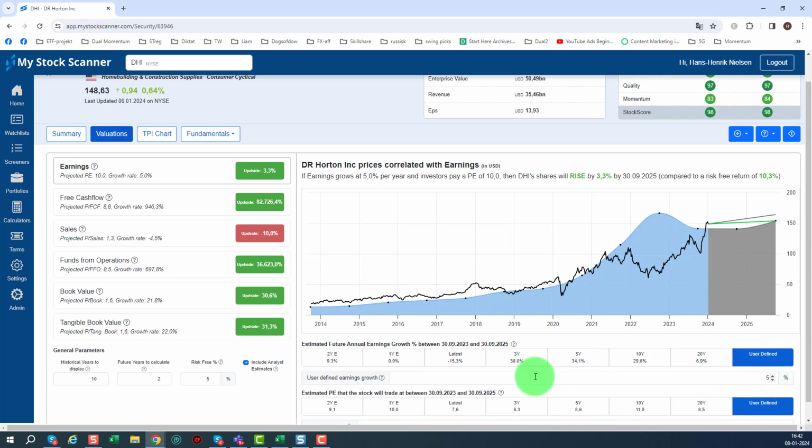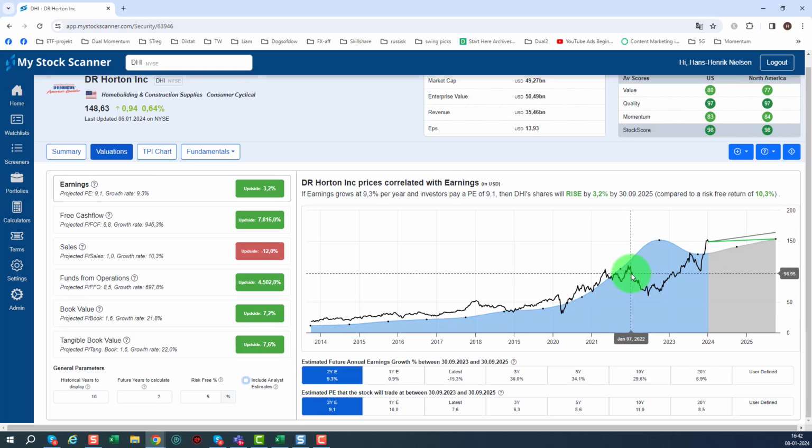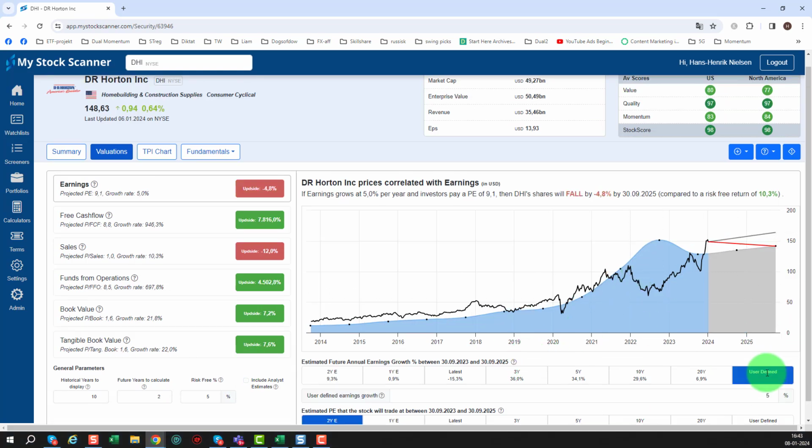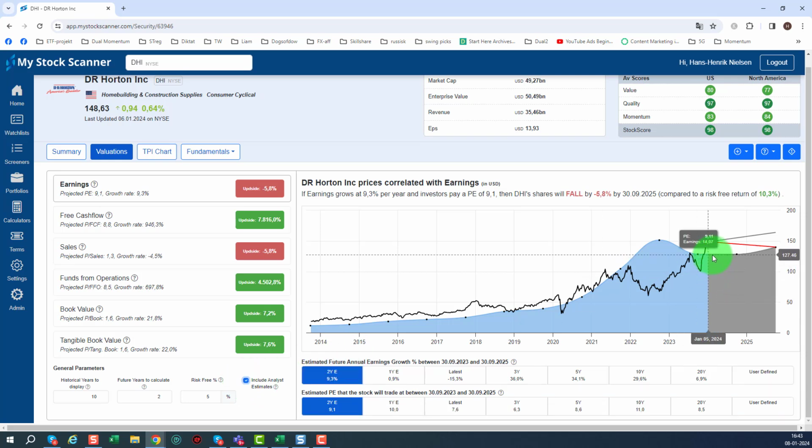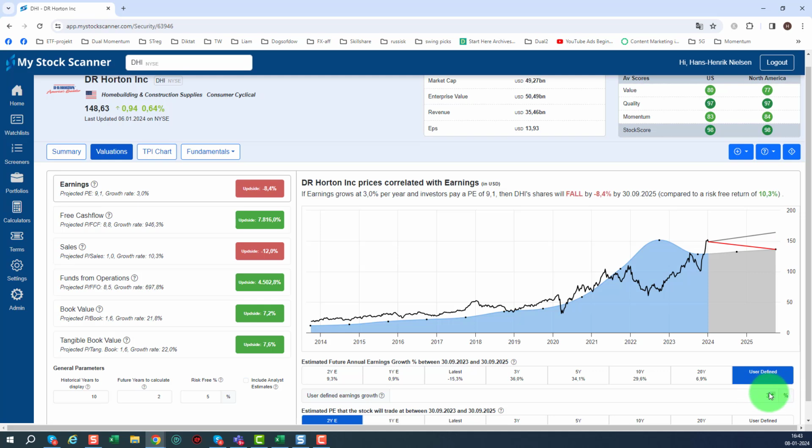So let's say that they had an earning. Let's just remove this one, so we don't use the analyst estimates. And then let's say they were only making 3% per year over the next 2 years. When I remove the analyst estimates, it just means that they are taken completely out of the calculation here, and each year will have an average of what I'm putting into it here.